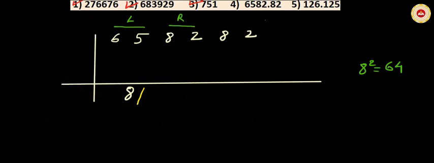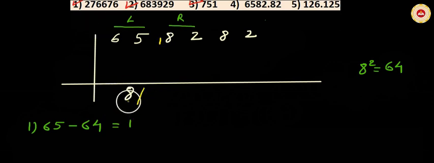So the first step is 65, which is the left group, minus the square of this first digit, 64, is equal to 1. Correct? And now write this 1 as a prefix to the next digit.